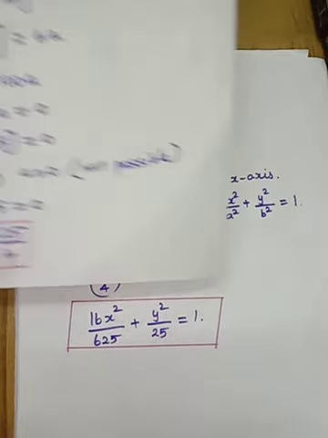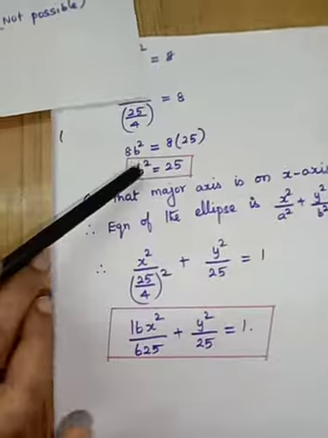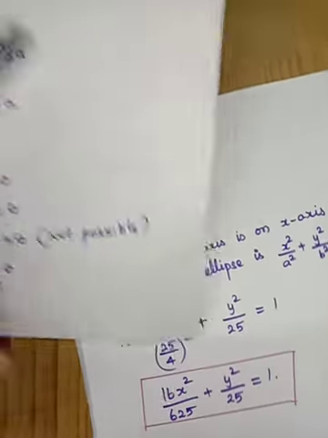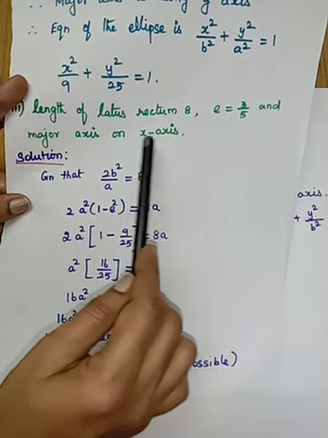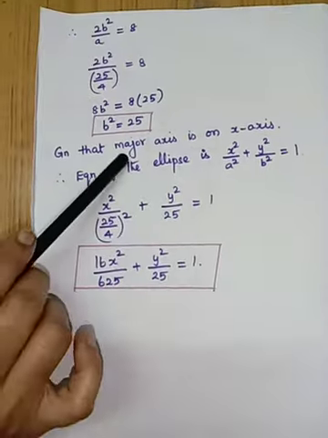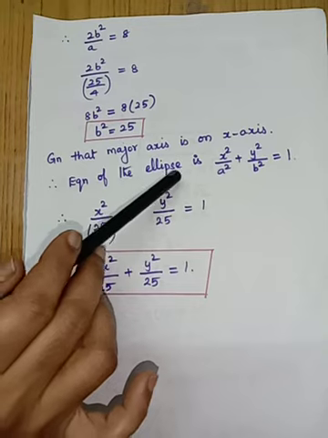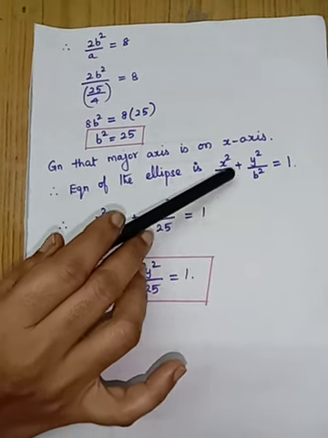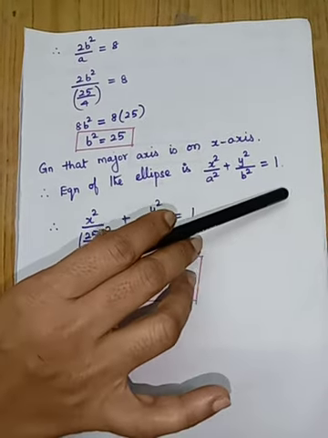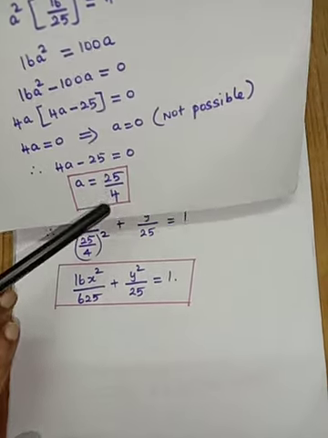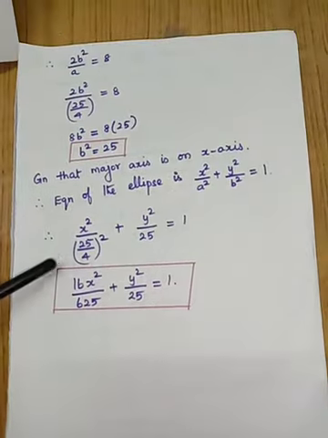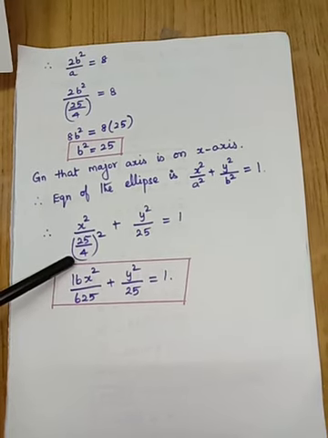We have found a and b squared. What is given in the problem? The major axis is on the x-axis. The equation of the ellipse is x squared by a squared plus y squared by b squared is equal to 1. What is a? a is 25 by 4, so when you square, it is 625 by 16.